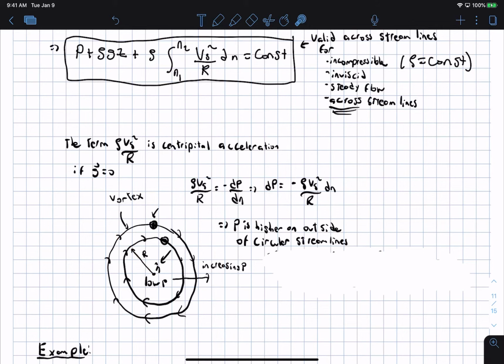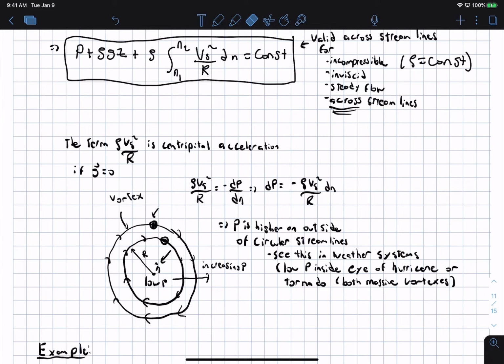Okay, and so at the center of a bunch of circular streamlines, which is called a vortex, you can have very low pressure, and that pressure increases as we move out. And you see this in weather systems. The eye of a hurricane is the center of a big vortex, and same thing with a tornado.